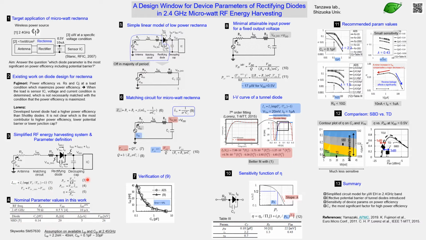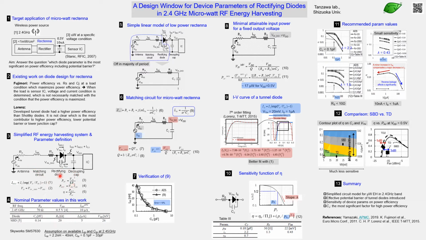And number 3 is defined as the available input power. This input power is defined by the power when the antenna is connected with the array, which has the maximum output power.